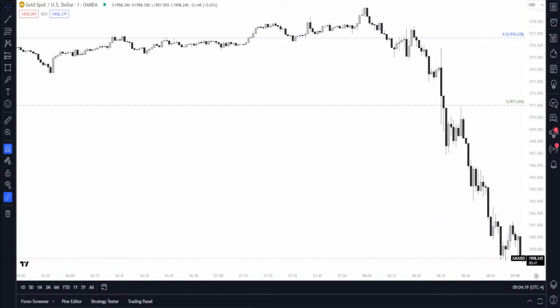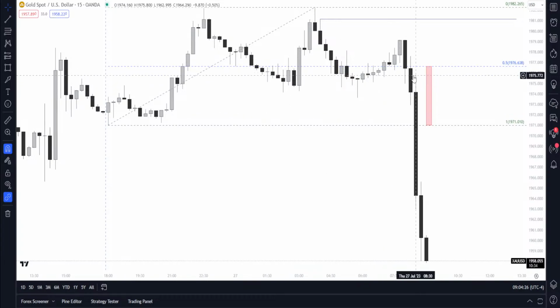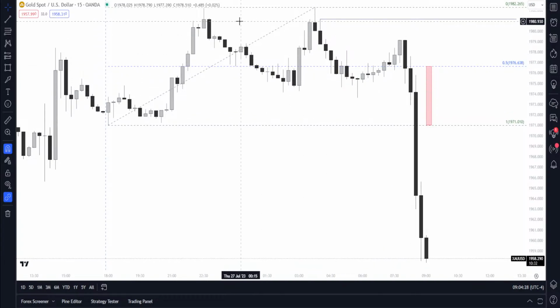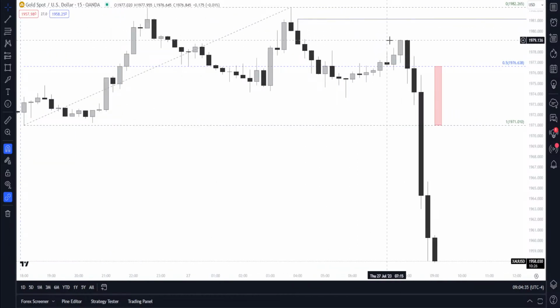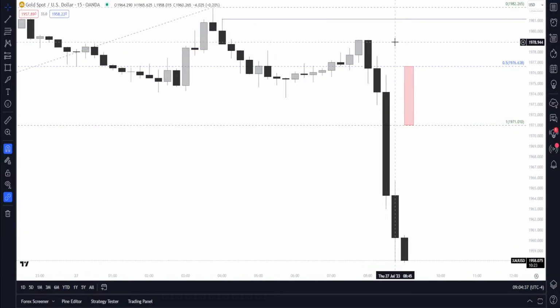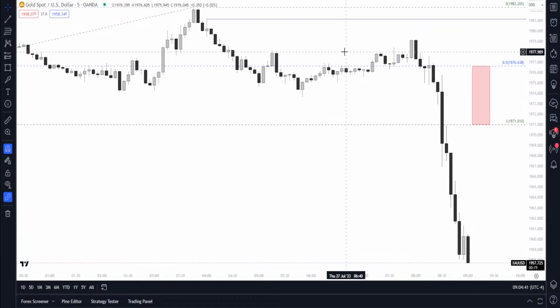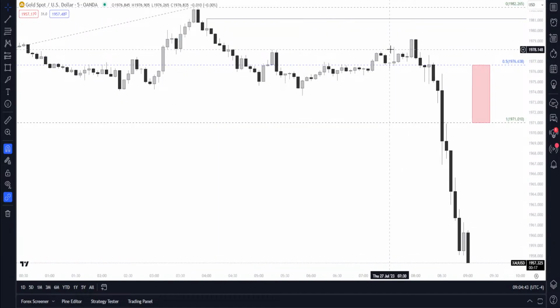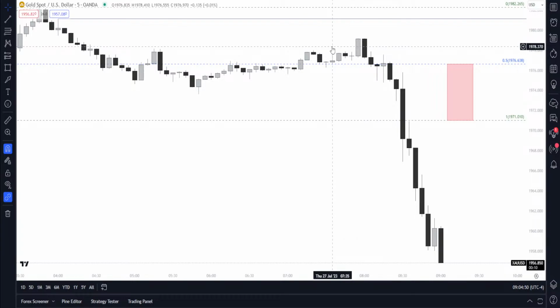But reviewing today, we weren't wrong on the bias, right? The bias was bearish. We've obviously had a very big bearish day. If we were using the last 5-minute swing high, it would have been this one here, but the candle right before 8 a.m. closed above it, right?